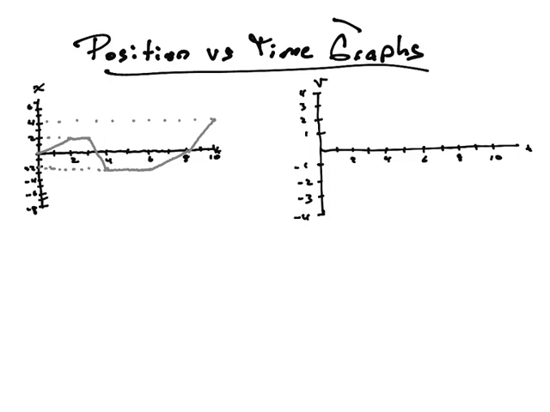So if we look at the position versus time graph, first of all, at t equals 0, the object's at the 0 location, let's say, and it starts to move in the positive x direction because it's going upwards in this graph.